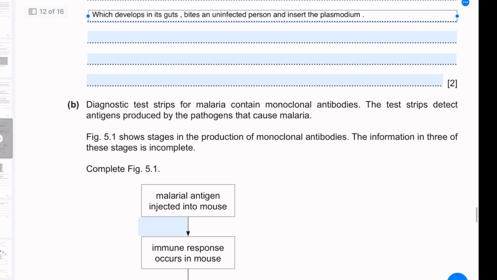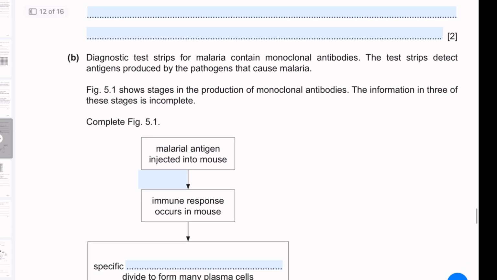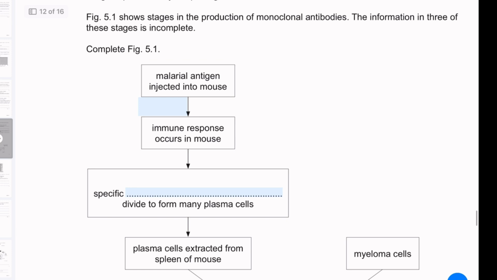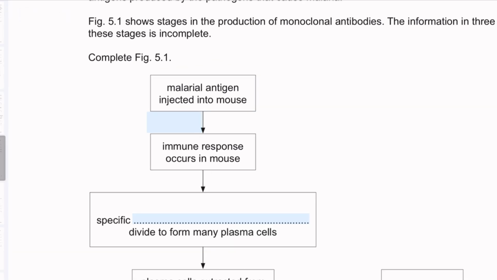Okay, diagnostic test strips for malaria contain monoclonal antibodies, and the test strips detect the antigens produced by pathogens that cause malaria. So what are monoclonal antibodies? Figure 5.1 shows stages in production of monoclonal antibodies, and the information in 3 stages is incomplete. Firstly, malarial antigen is injected into the mouse. The mouse mounts an immune response, where the B lymphocytes divide and form many plasma cells.